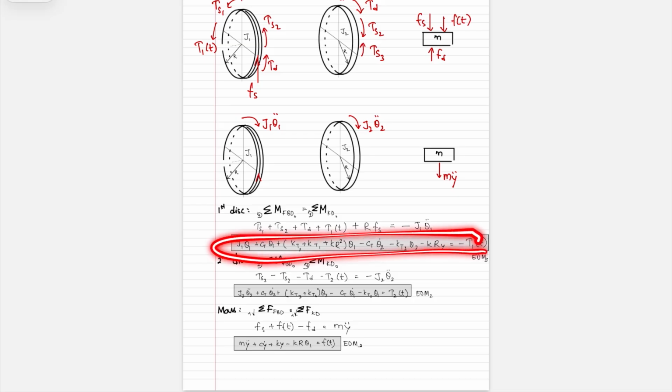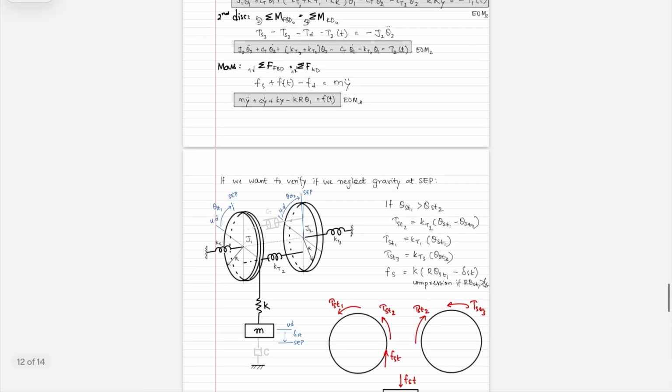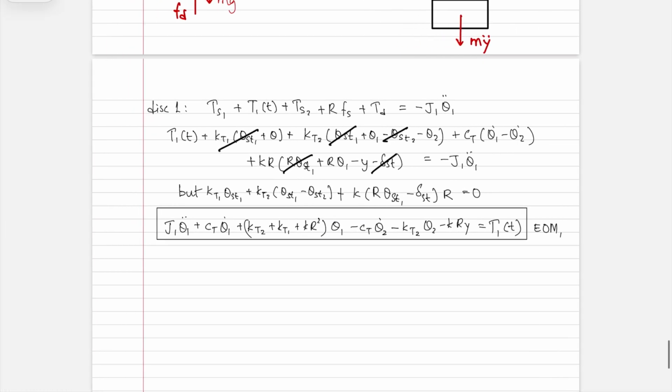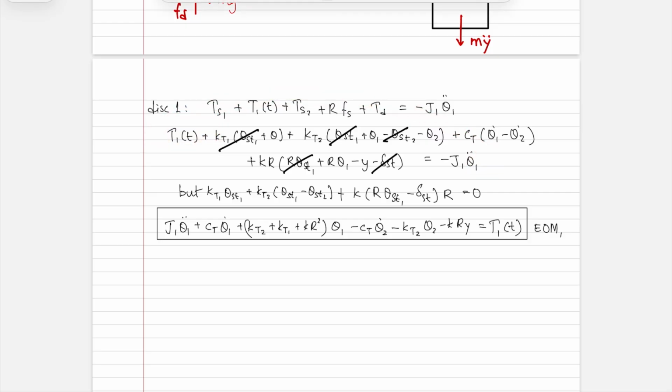This is what you obtain as the equation of motion, and it is identical to this. Let me verify if it's identical. Well, as it goes on the other side, there should be a minus term, so I forgot that. But with that, it is now identical. You can do the same for disk 2, and for the mass, you should get the exact same result.